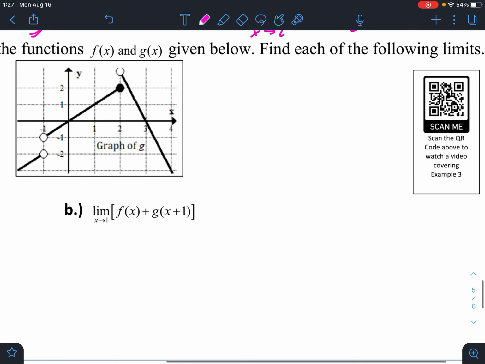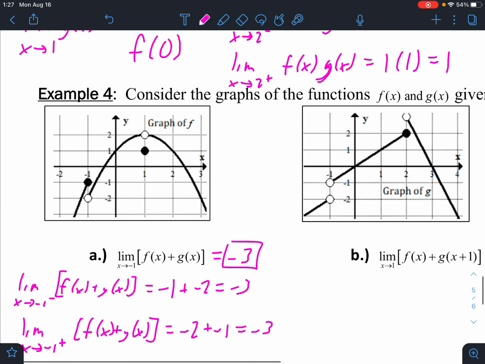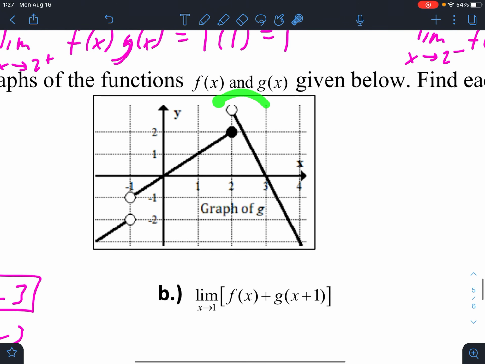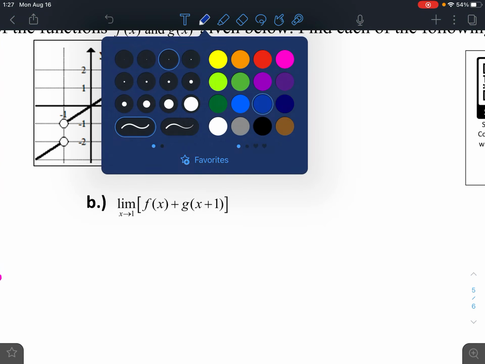For this one, again, we're taking the limit as x approaches 1 of f of x, which is fine. It's not continuous there, I'm sorry, but the limit exists there. But it's not continuous at g of x plus 1, because that would be g of 2, which is not continuous there. So again, we're going to have to do a left side, right side approach for this one.